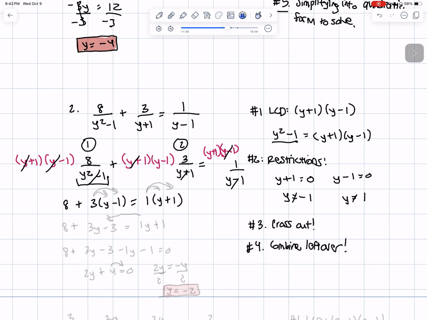So now we distribute. Now that we've combined, we can do everything on one side to equal 0. So let's do that. Move everything over.